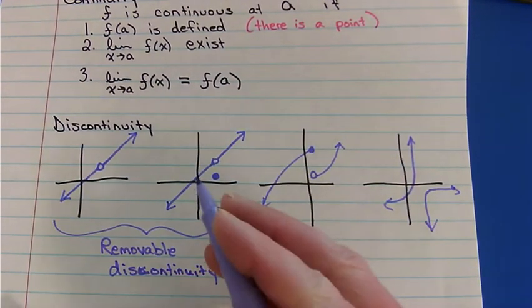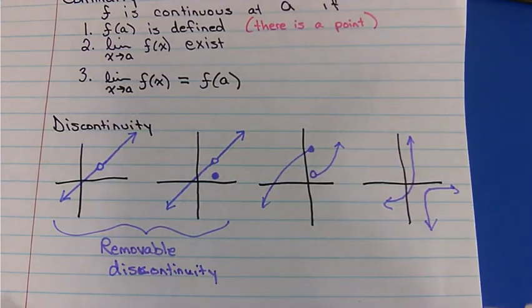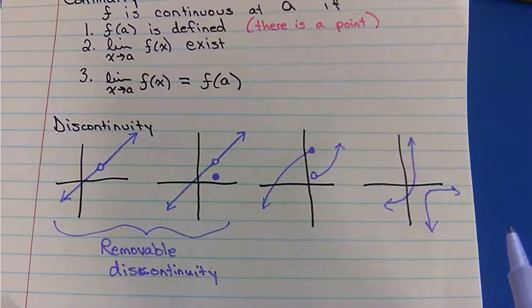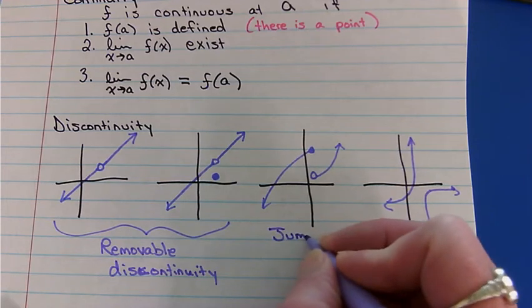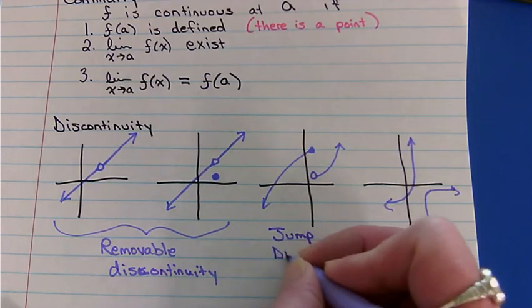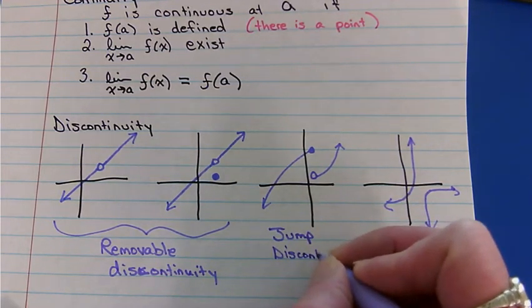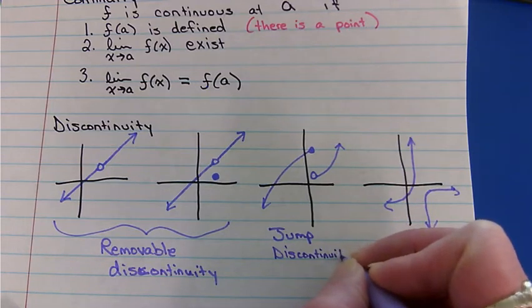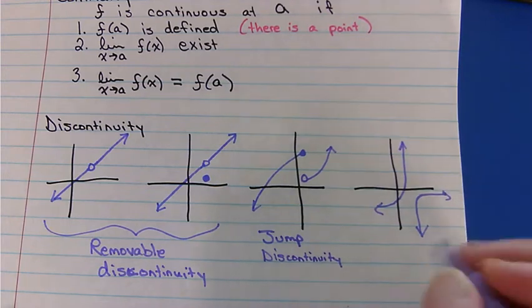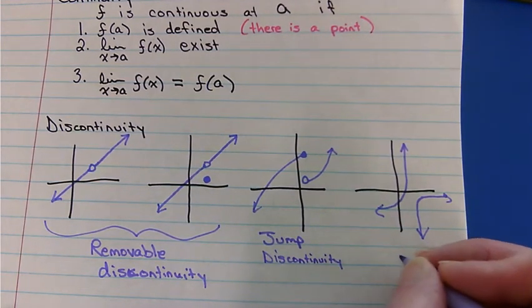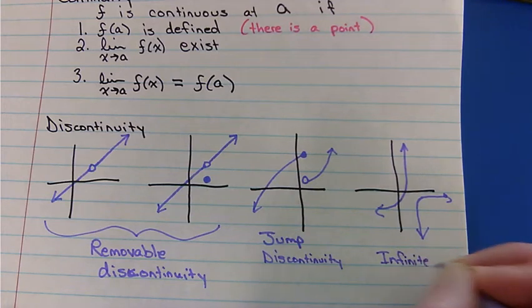And that just means we have a hole in the graph, but everything else is connected. This one is called jump discontinuity. And the last one that has an asymptote there is called infinite discontinuity.